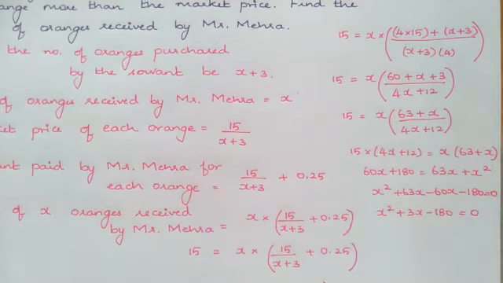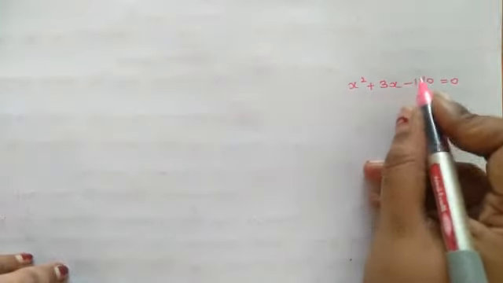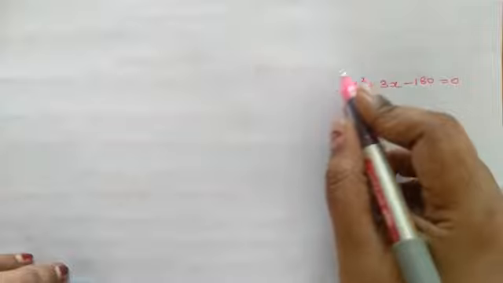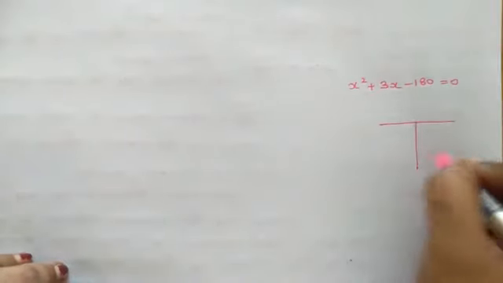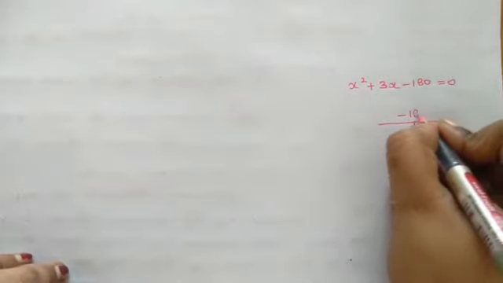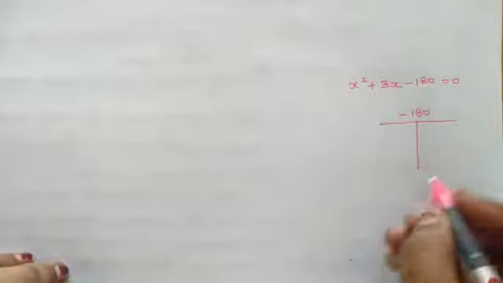Now it is our work to solve this quadratic equation and identify the value of x. Let's do that. So this is the quadratic equation: x square term, x term and constant. Luckily the coefficient of x square is 1 here. So let's have a T. At the top we'll have the constant, minus 180. At the bottom we are going to write the coefficient of x, and that is 3.